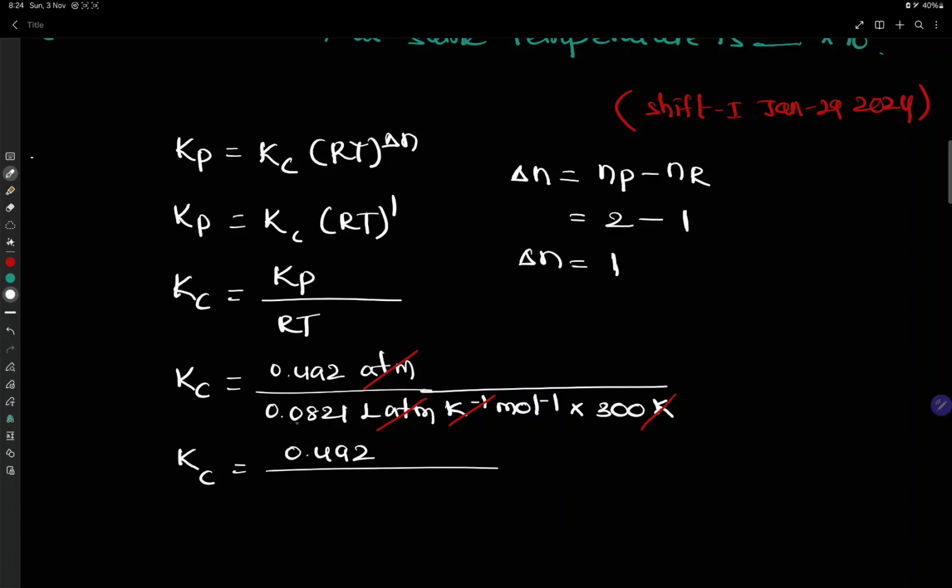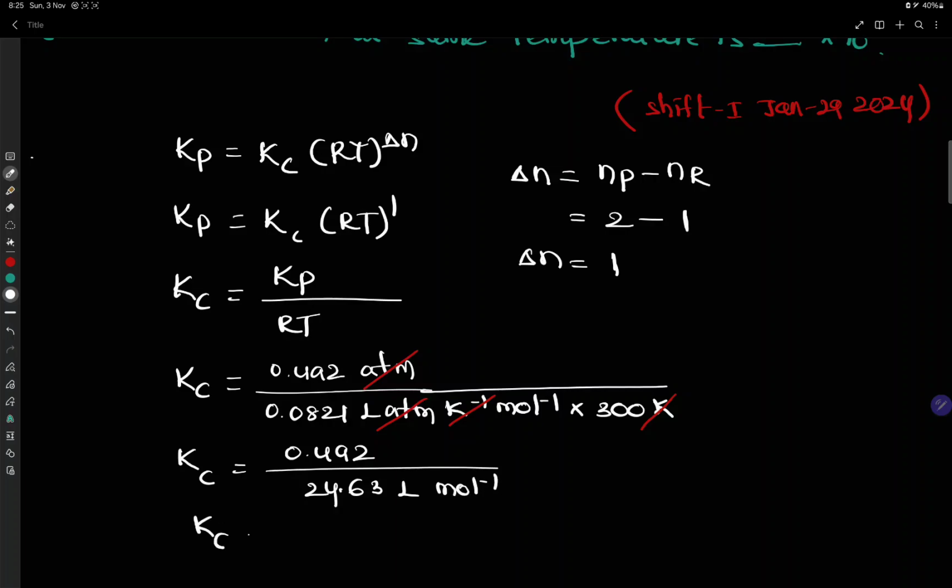if you multiply 0.0821 with 300, it becomes 8.21 into 3. So 3 2s are 6, 3 8s are 24, so it becomes 24.63. What units remain? Liter mole inverse.